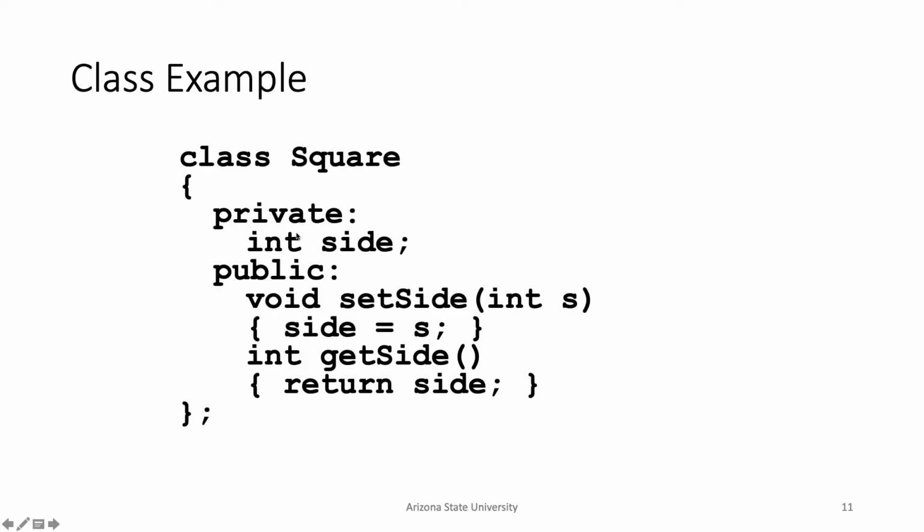So here's an example. The private at the top is not necessary because classes are private by default, but it's just a good idea to put that there anyway. So this is almost identical to the class that we were working with, the circle class. We have some variable up here that's private and public functions down below.